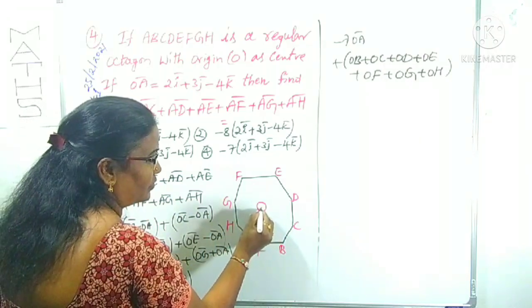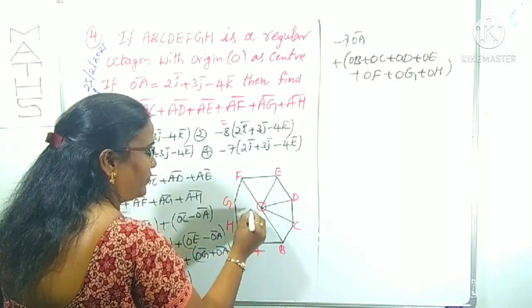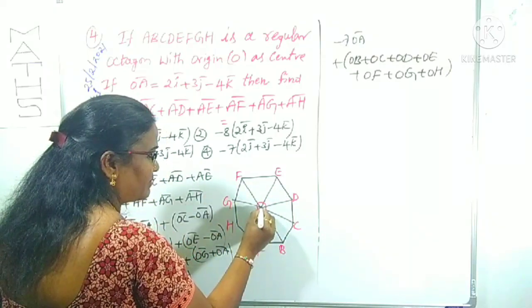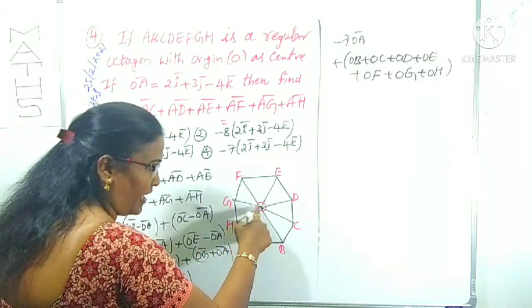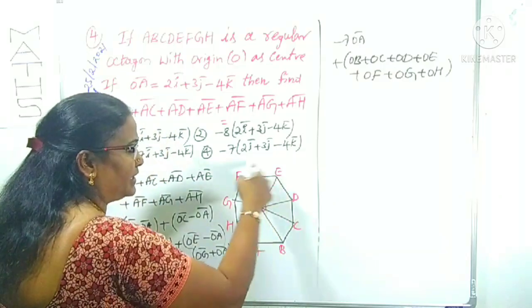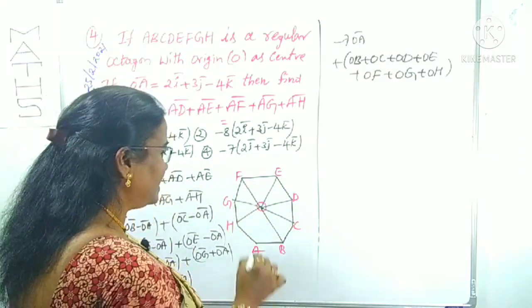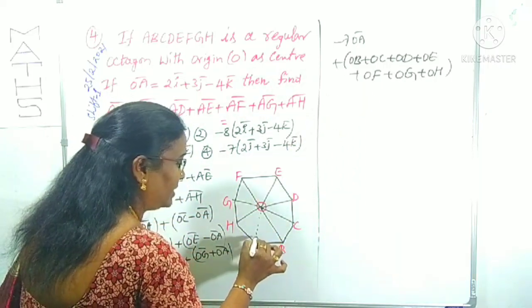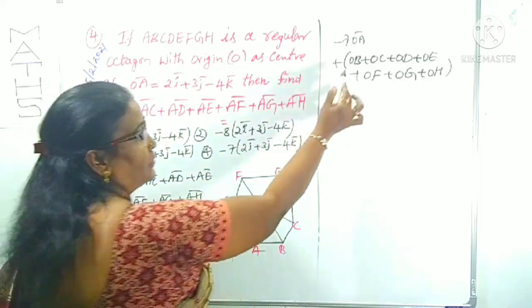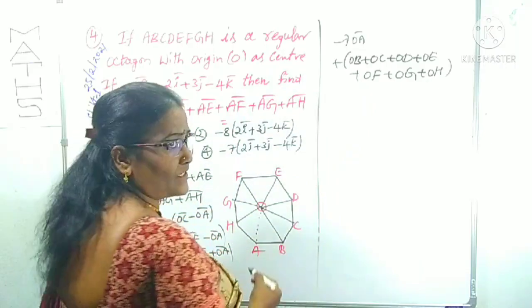We can start here: OB, OC, OD, OE, OF, OG, OH. Summation is there. Here what is missed? OA is missed. If there is an OA, then the sum of all these becomes the origin. B, C, D, E, F, G, H are there, but OA is not there.